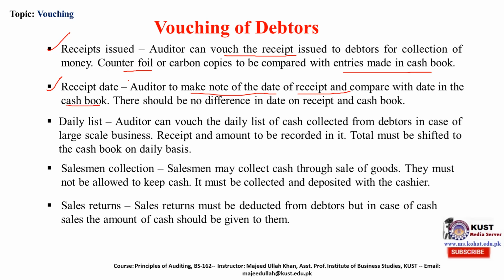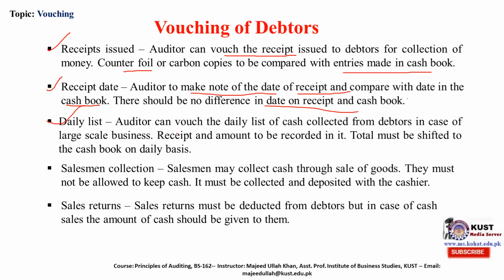If there is any delay in recording in the cash book, then it should be investigated why the cash has not been properly booked when it is received. There should be no difference between the date of receipts and the recording in the cash book.